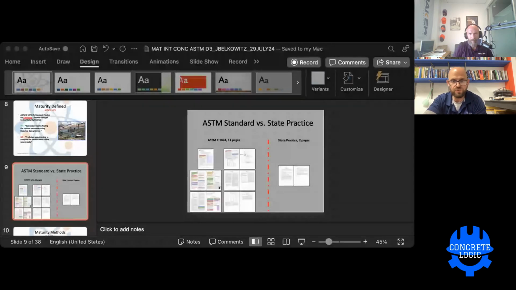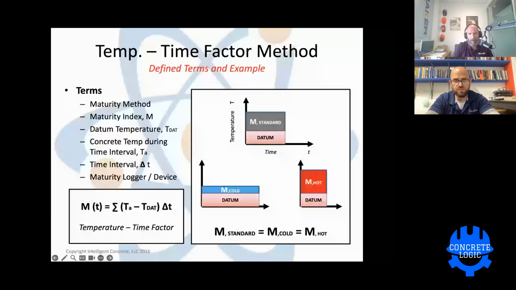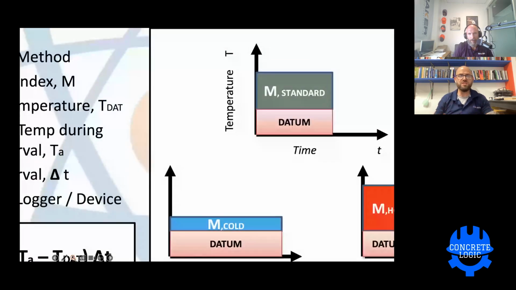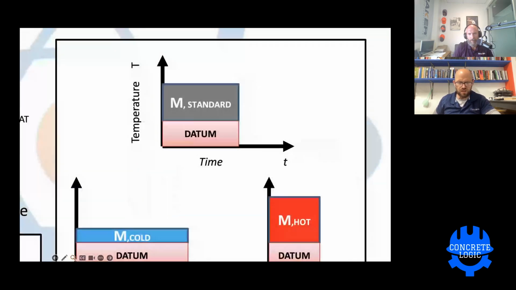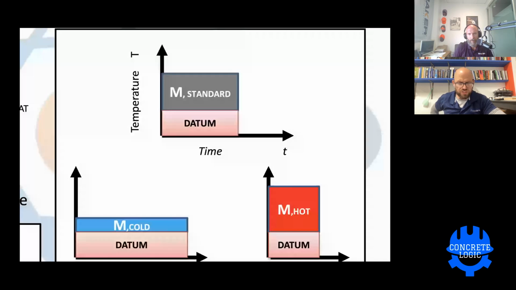If I could just jump into and out on. So this is maturity, right? I want you to ignore the stuff on the left here. When we concentrate on maturity, what we're saying is maturity is our concrete reaching a certain strength at a certain age, right? It's like figuring out some of your kids. You want your kid to bench 135 pounds. Well, you have to wait till your kid gets to a certain equivalent age. They're not going to be able to do that at 3 years old.